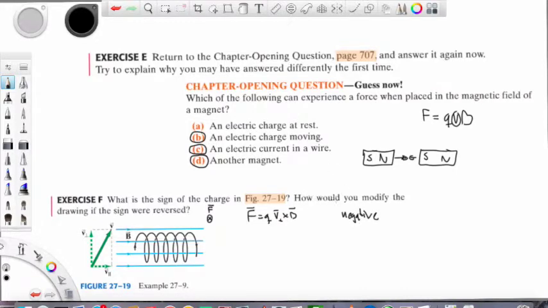And how would you modify the drawing if the sign were reversed? We would start from the same point, but it would start spiraling the other direction because the force now would indeed be towards the screen. So we would have a trajectory something like this.